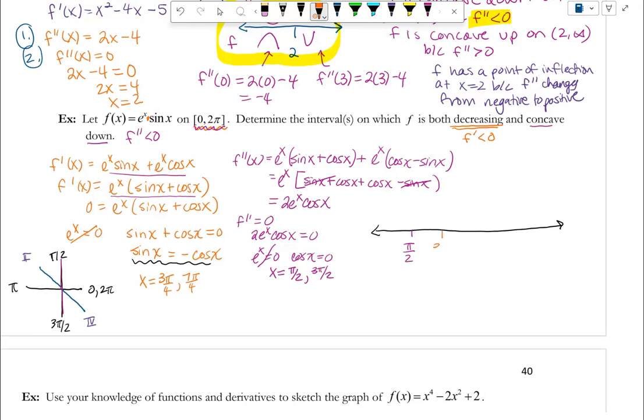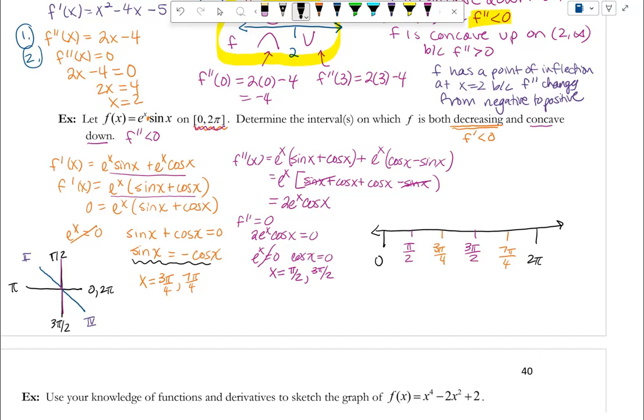Then 3 pi over 4. Then 3 pi over 2. Then 7 pi over 4. And I put arrows on my number line, but really this is a closed number line from 0 to 2 pi, so we can just ignore those arrows.